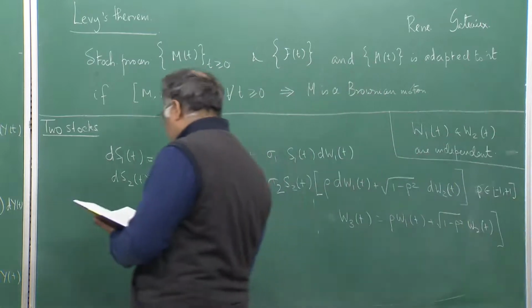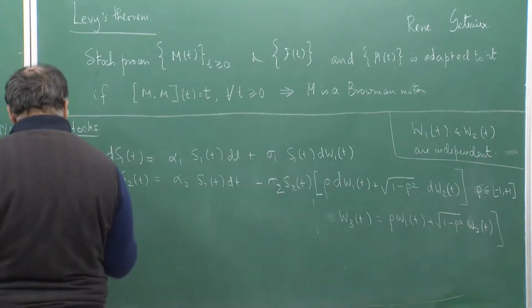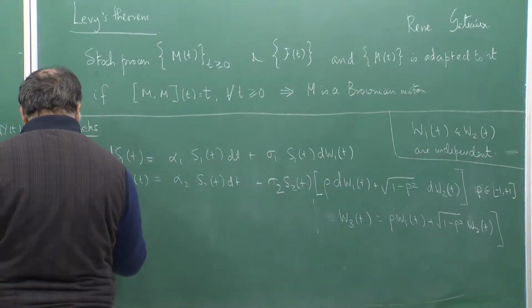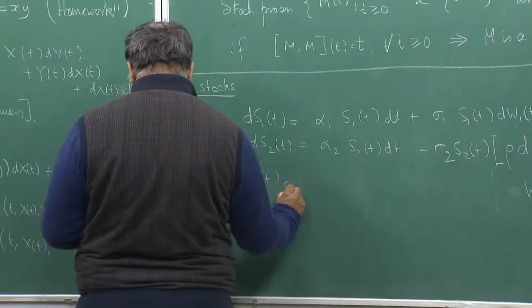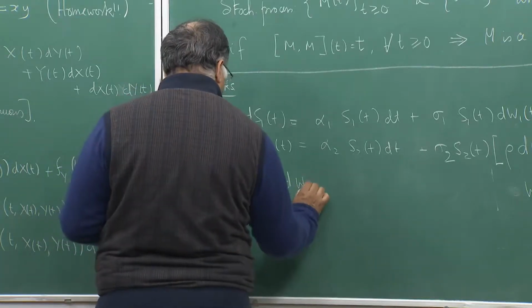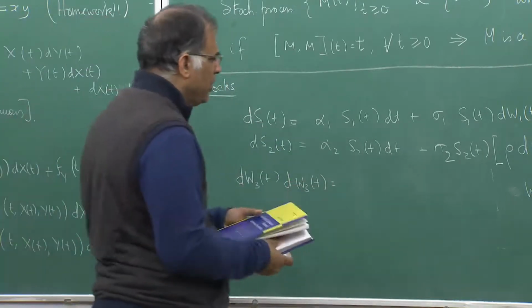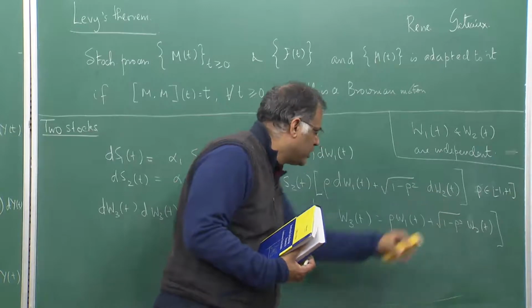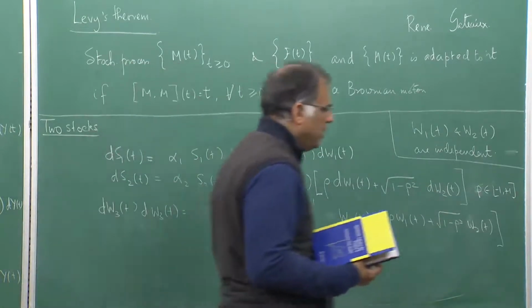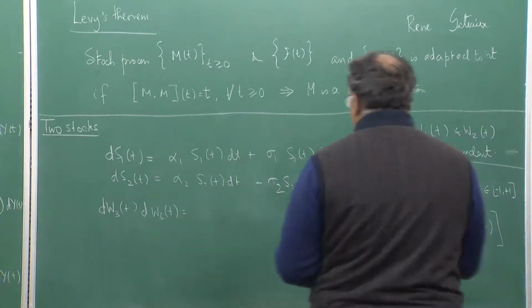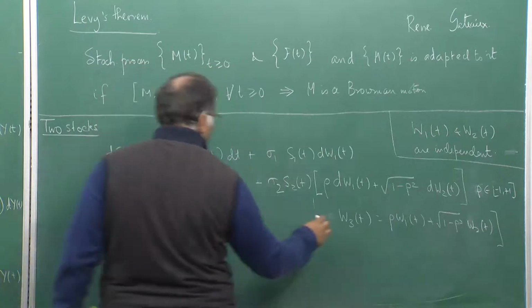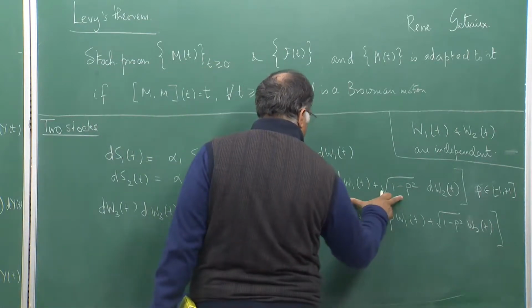So if you look at the covariance, look at dW3t into dW3t, then of course dW3t is this one. What I have done is basically replaced this by dW3t.